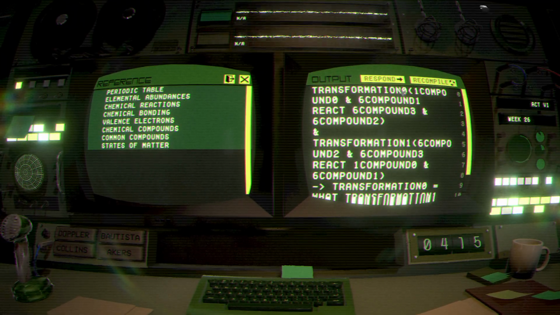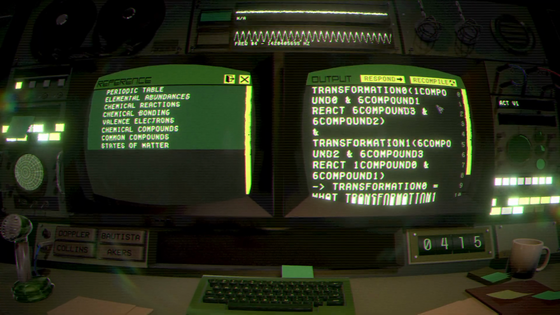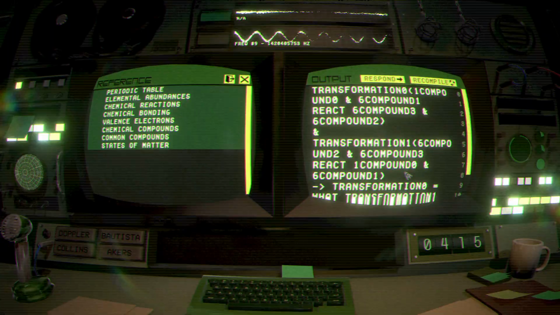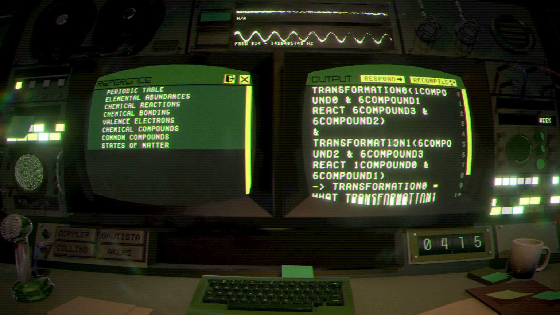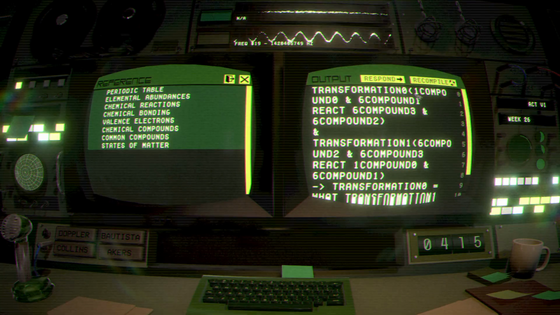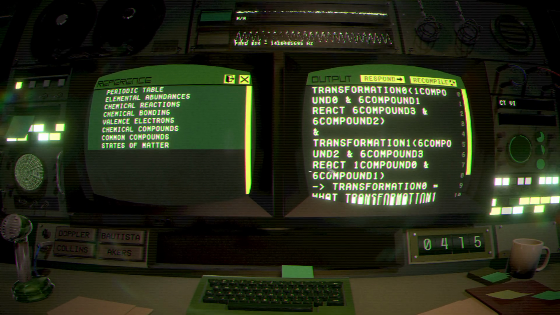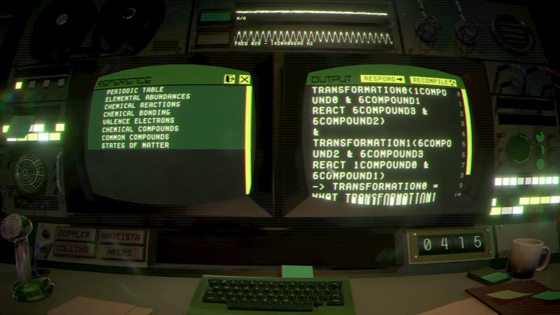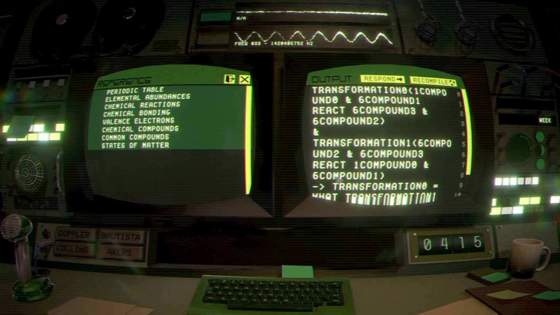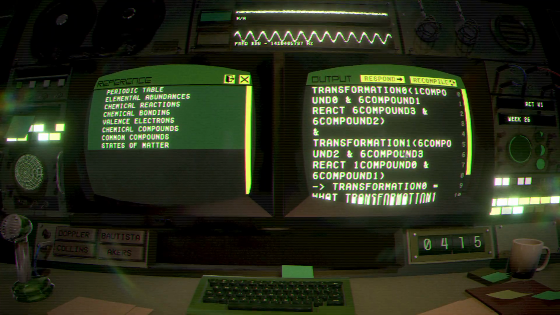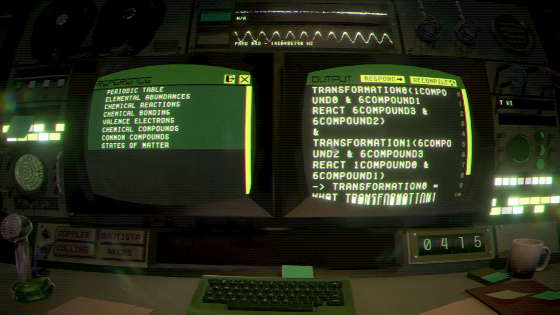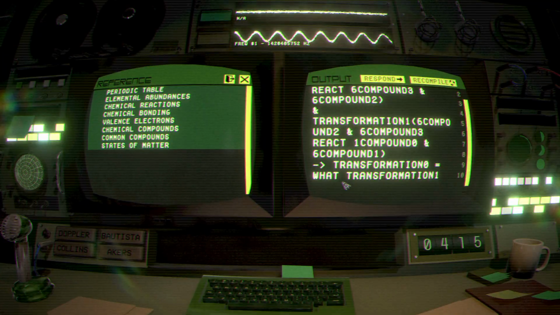What am I missing? 1 compound 0. 1 compound 0. 6 compound 1s. 6 compound 1. 6 compound 3. This should be the same.